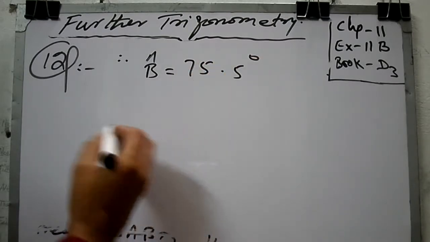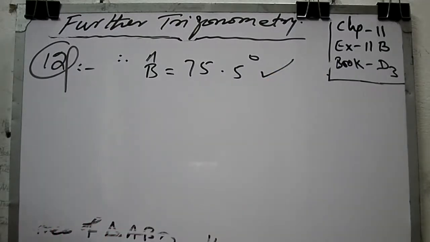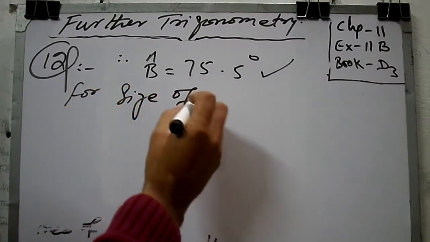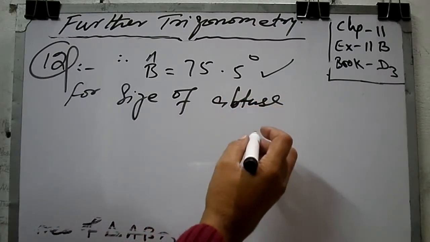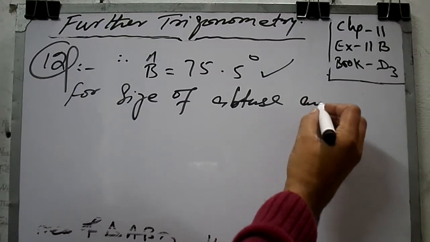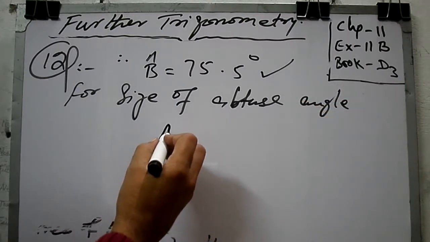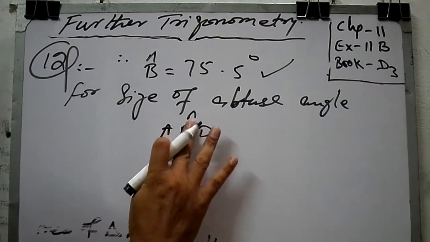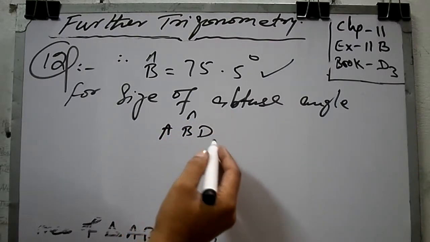Actually we have calculated the angle B, but we need the size of the obtuse angle, that is your ABD, or simply B. ABD means only B, but for further detail we write it so.